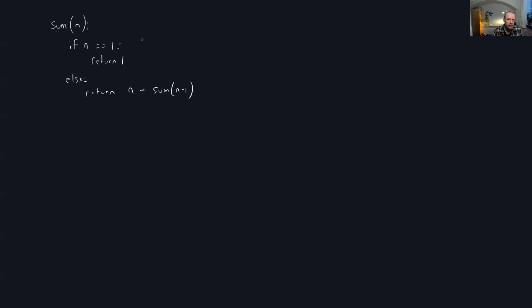Just as a reminder, in our recursive terminology, this was our base case. Remember, when we create a recursive algorithm, we need to have base cases. Okay, and we can have one or more base cases, of course, and we can have one or more recursive cases.